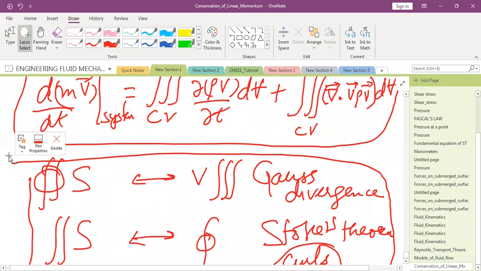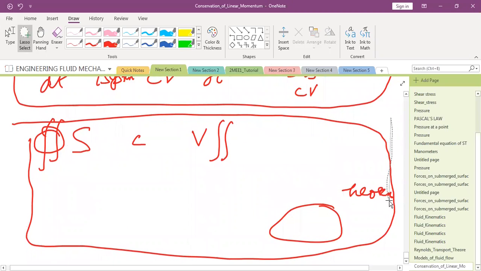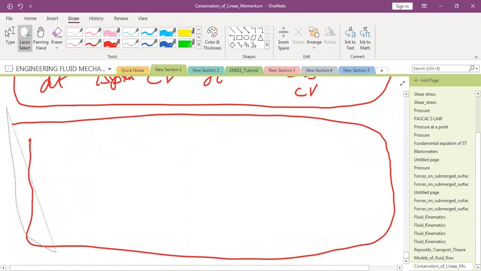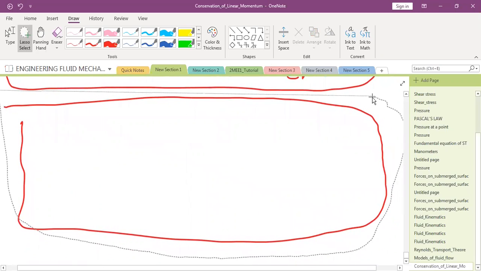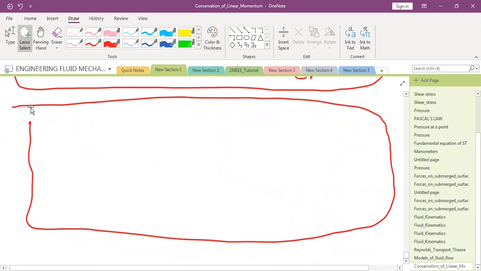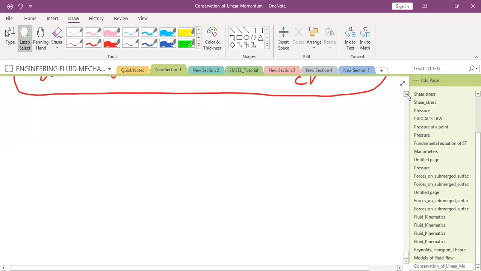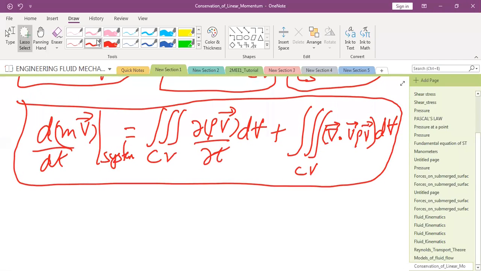So you also know that you have a volume integral here, so you could combine the two terms as well. Can you combine the two terms on the right hand side? So these are the two terms, and I am combining the two.